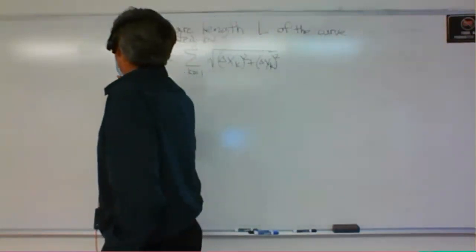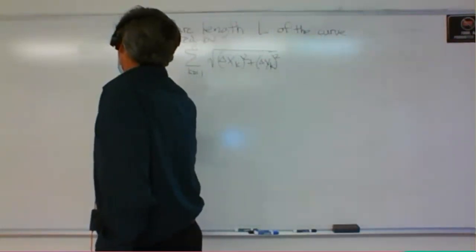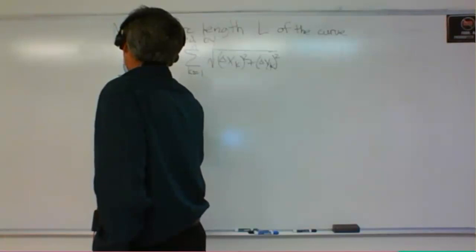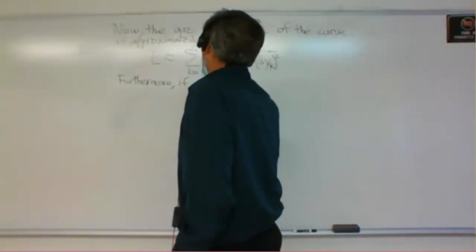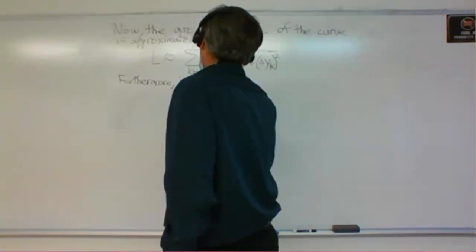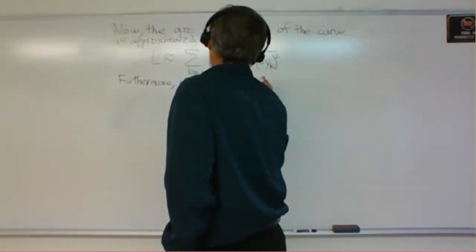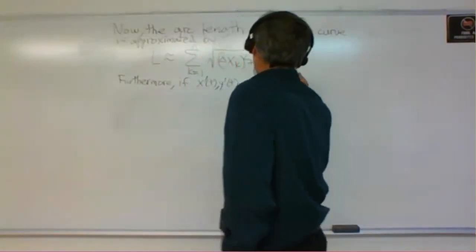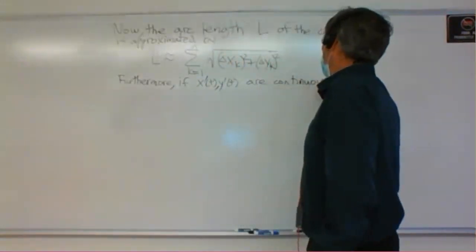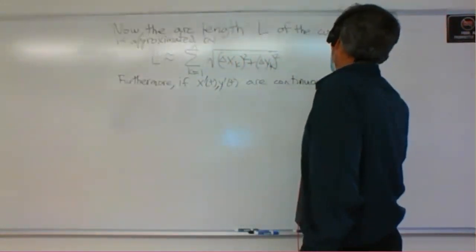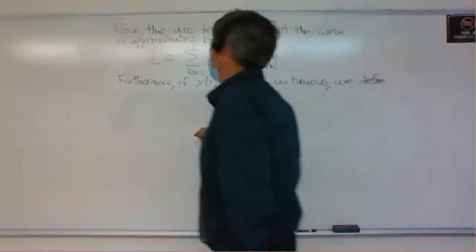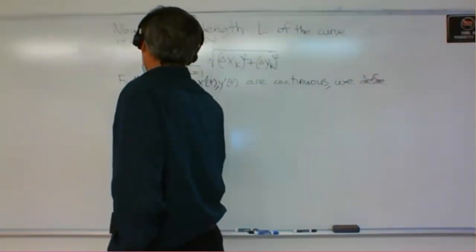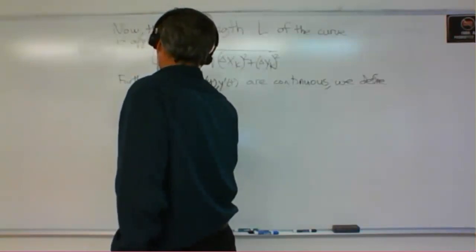So furthermore, if x prime of t and y prime of t are continuous, we're just going to go ahead and define, because the errors tend towards 0, L equal to the limit of this approximation.